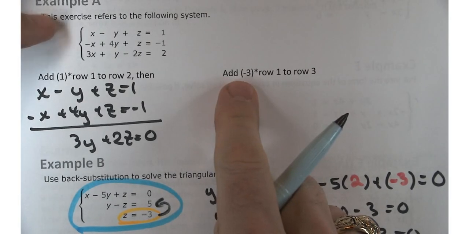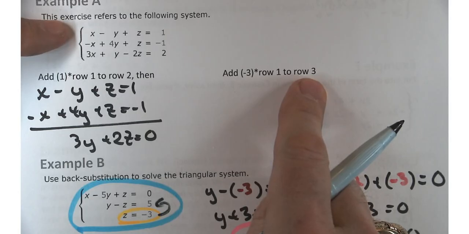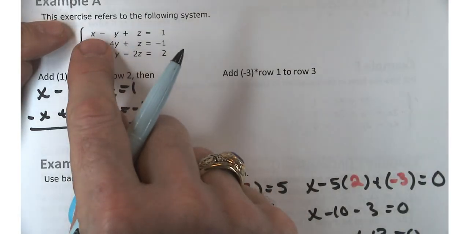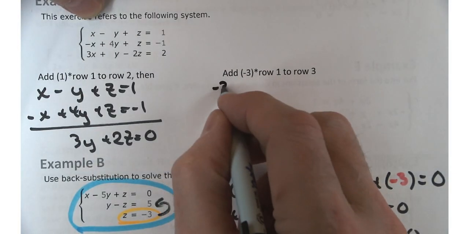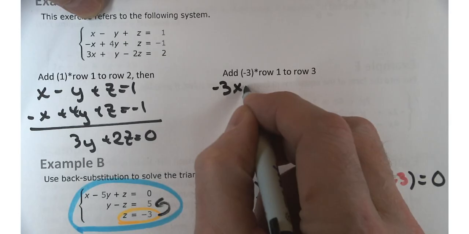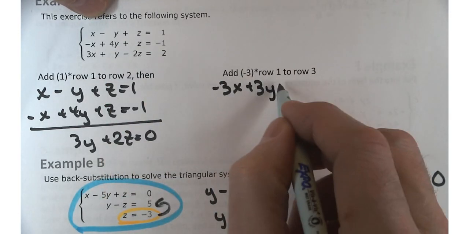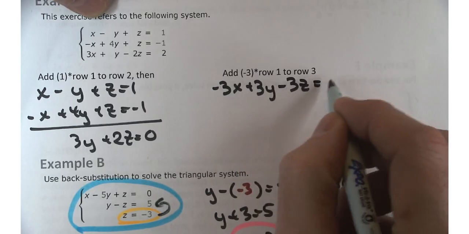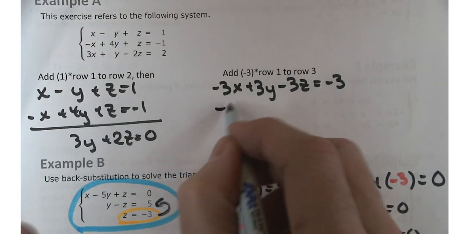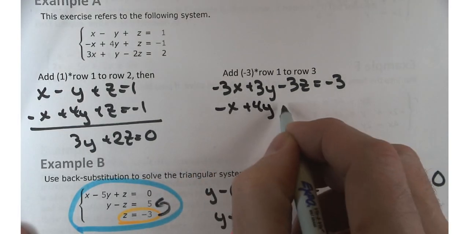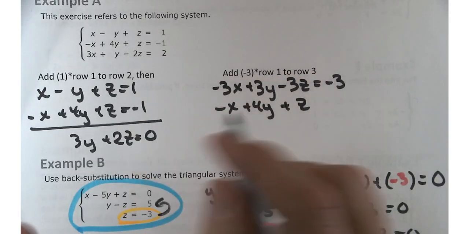This time I'm going to add negative 3 times row 1 to row 3. So, Antonio, maybe you can help me out. What's negative 3 times row 1 going to give me? Negative 3 times row 1 would be negative 3x minus, or wait, plus 3y minus 3z equals negative 3. Good. And Ola, I want to add those two together. So when I add negative 3 times row 1 to row 3, oops, I copied the wrong one.